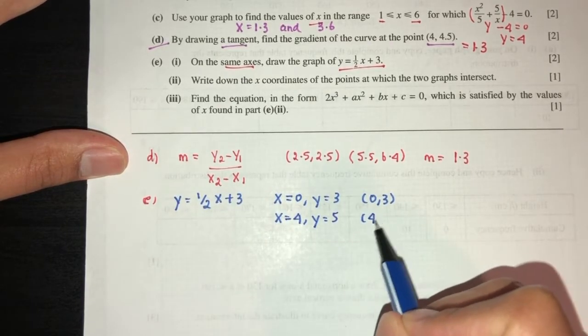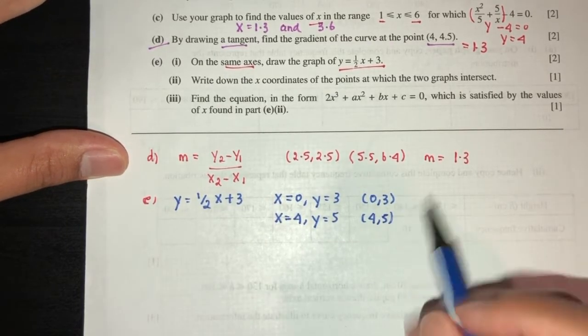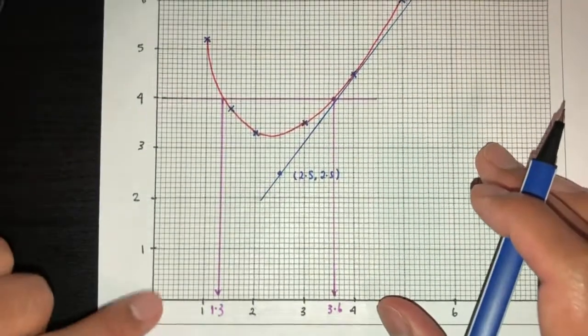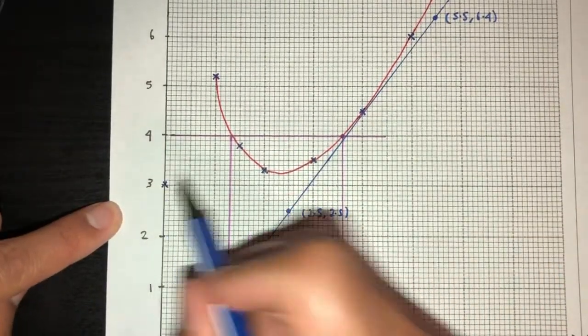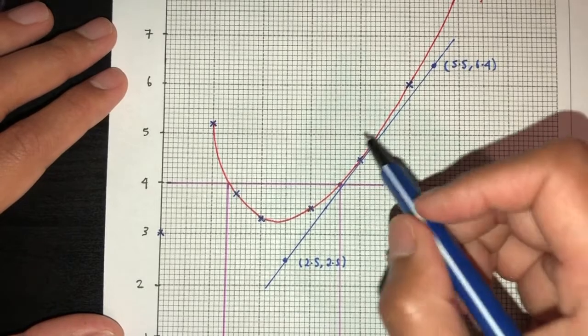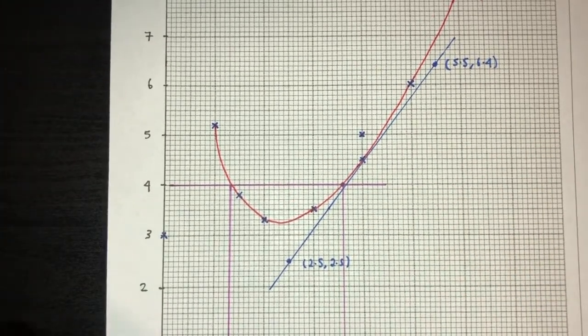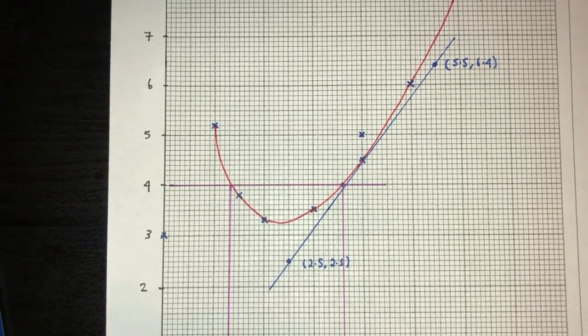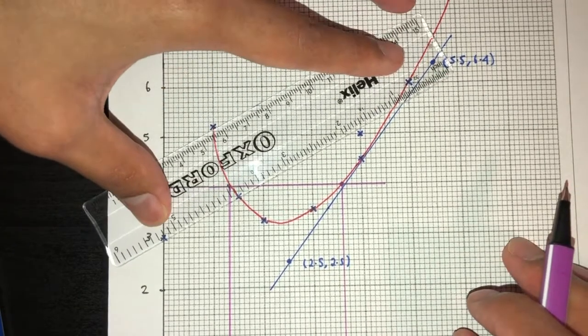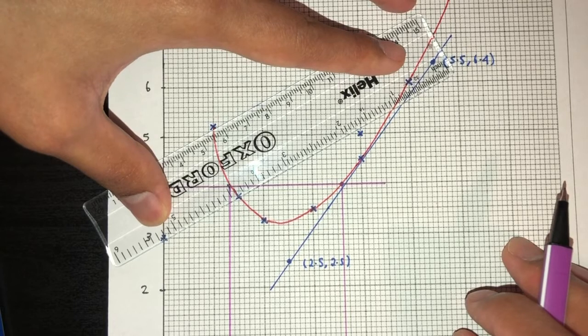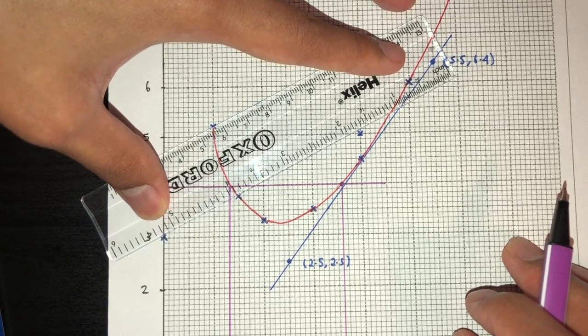So the second point is 4, 5. So let's plot these points on the graph. 0, 3 will be right here, and 4, 5 will be right here. So let's connect those two to see where the two graphs intersect. So we have this point going to this point. As you can see, it cuts the graph at two points.